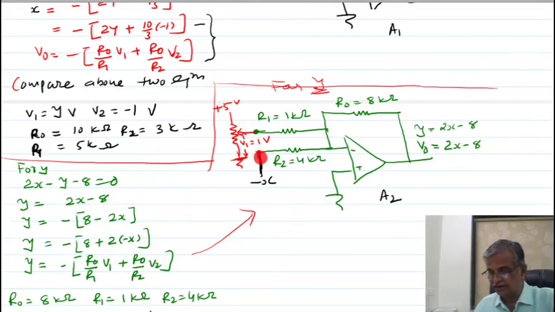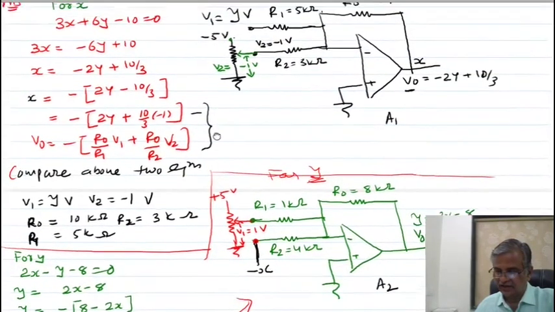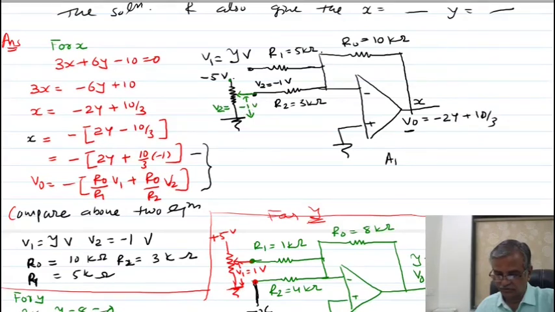Here if you give minus X, you will get Y. In the previous case, if you give Y, you will get X. Here you require plus 1 volt, so using the potentiometer circuit, you can give plus 1 volt. In that, I require minus 1 volt, which can be obtained with a negative supply and potentiometer.